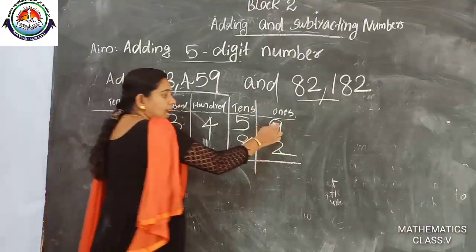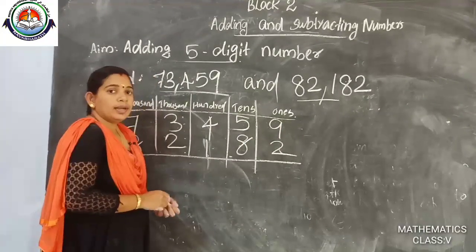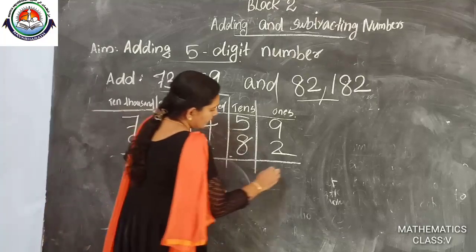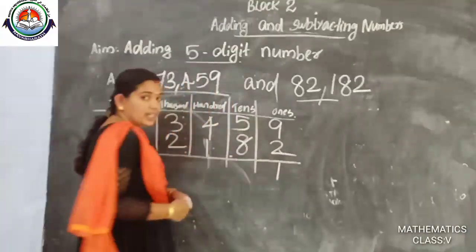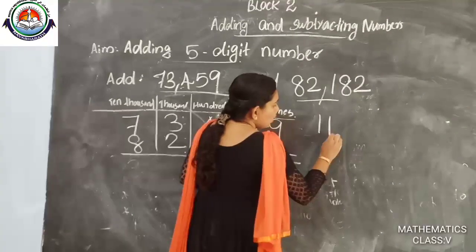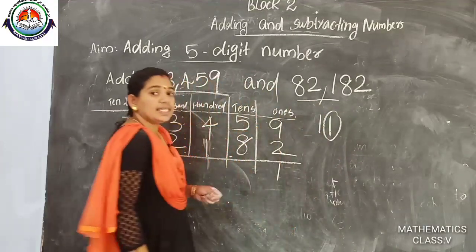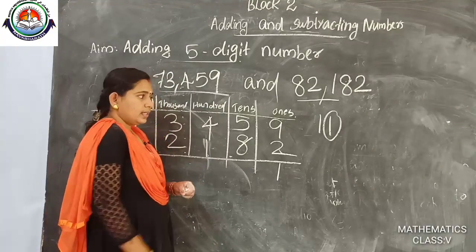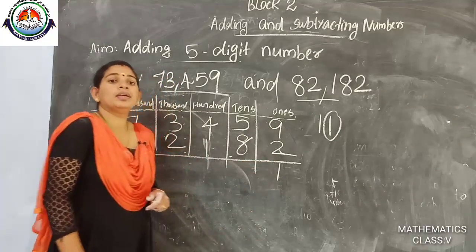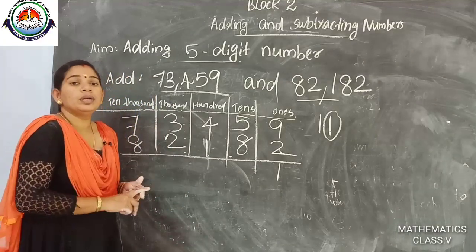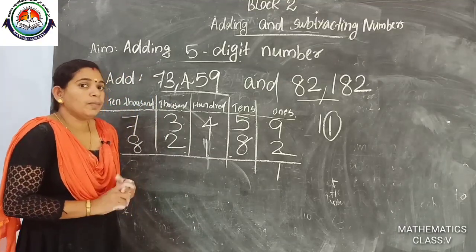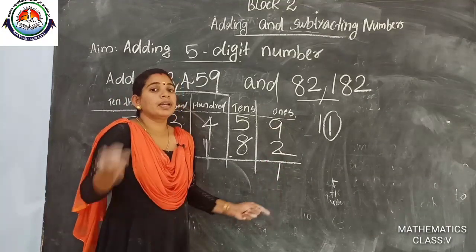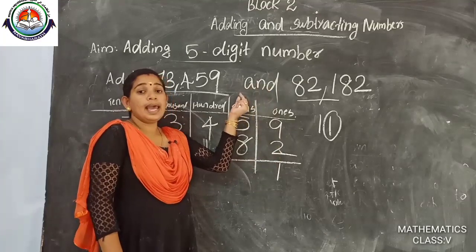Okay, ready? 9 plus 2: 9, 10, 11. 11 we are writing here. In 11, the 1's place digit we are writing in the place here as the answer. When we add 1-digit numbers and get 2-digit numbers, we write the ones place number as the answer and the tens place number as a carry.